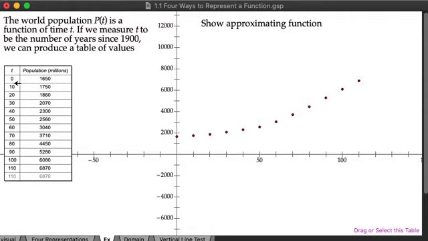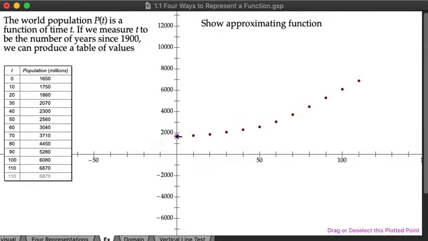So what does this point here, the point (0, 1,650), represent? So 0 years since 1900 means in the year 1900, the population was 1,650 million people, which was 1,650,000,000 people.